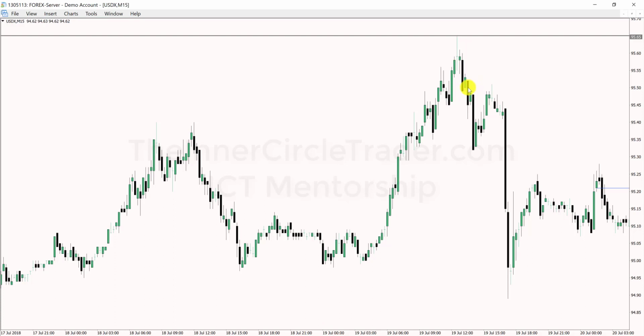And we have this little bit of a fair value gap in here. Trades up, heavy distribution comes in, and boom, clears out the equal highs, equal lows, and that draw on liquidity is gone.